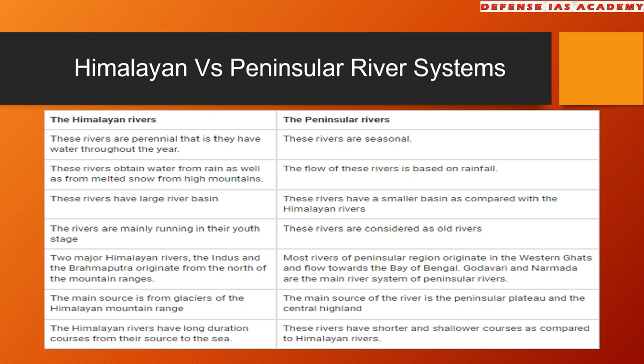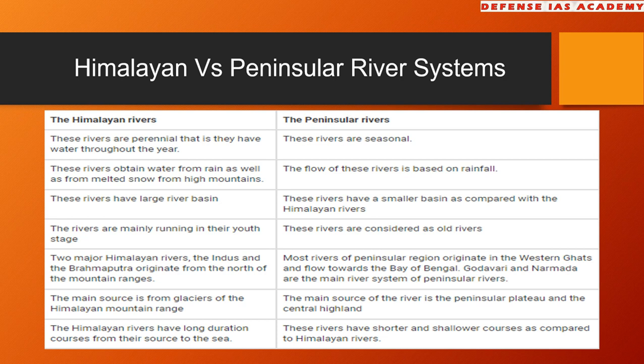Most rivers of the peninsular region originate in the Western Ghats and flow towards the Bay of Bengal, while Godavari and Narmada are the major river systems of peninsular rivers.